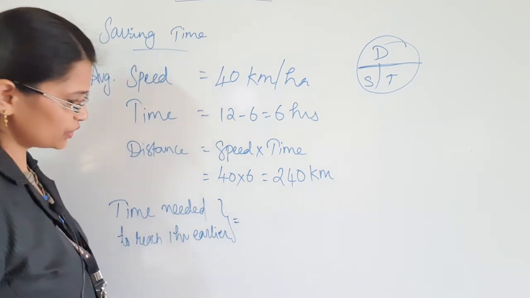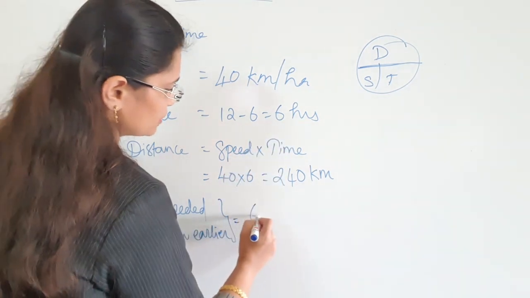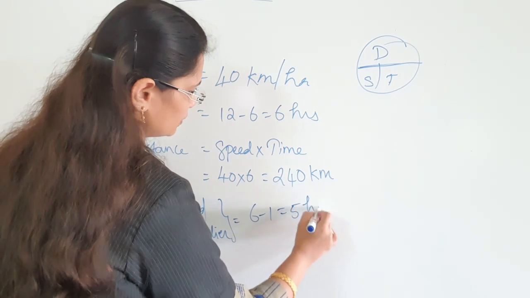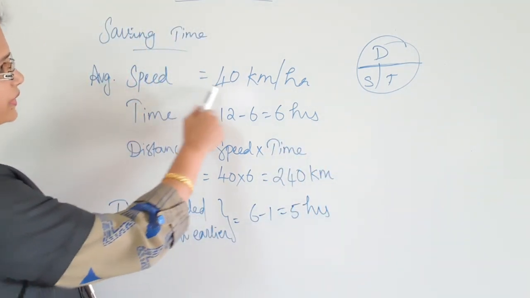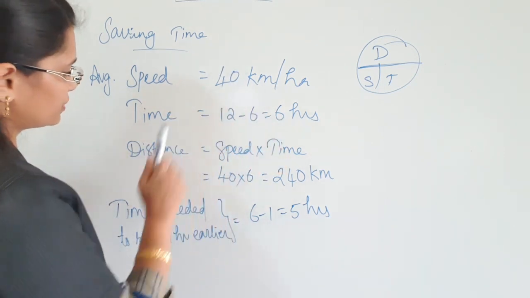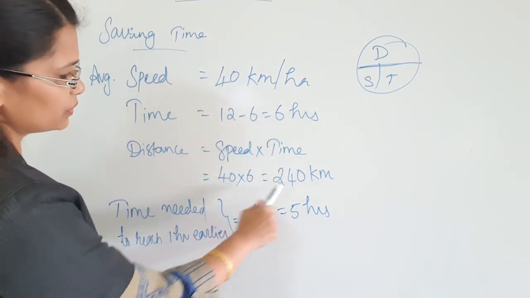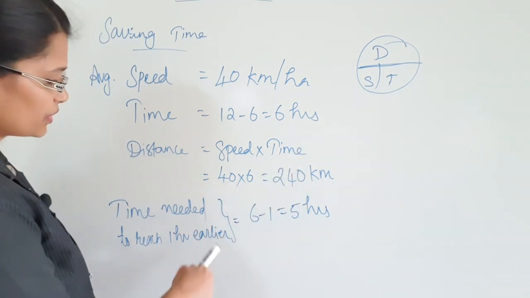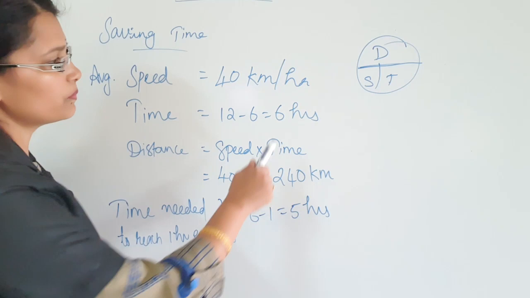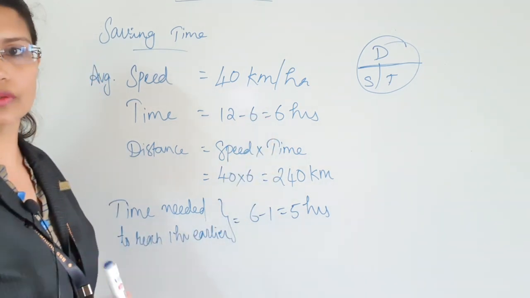Time needed to reach 1 hour earlier is equal to 6 minus 1 is equal to 5 hours, right? Average speed is equal to 40, time is equal to 6 hours, distance equal to speed into time is equal to 40 into 6 equal to 240.